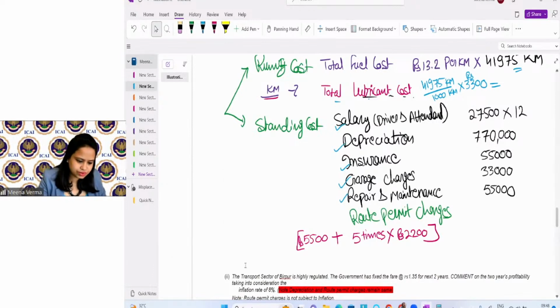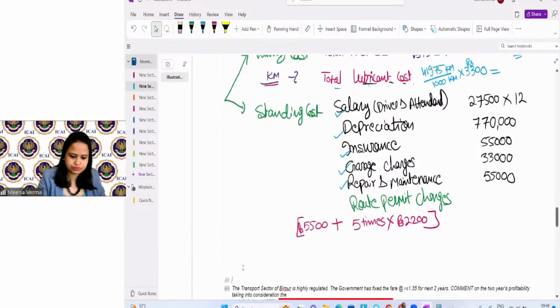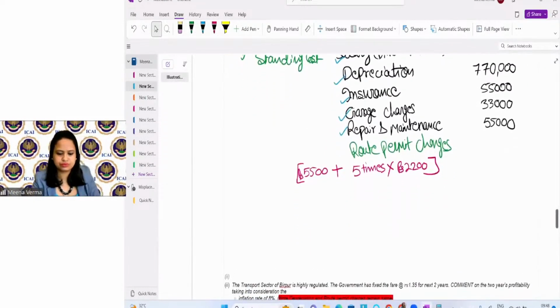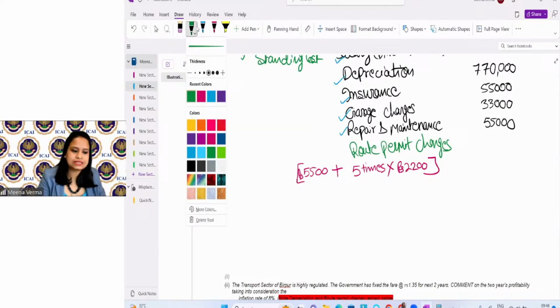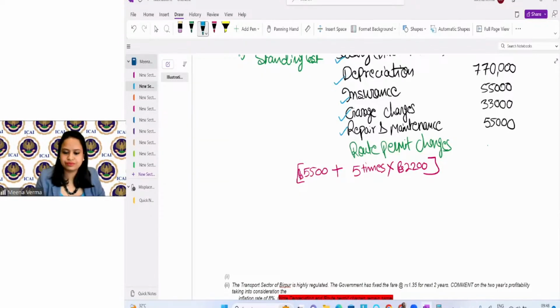Just solve it. 2,200 into 5 gives you 11,000, plus 5,500 gives you 16,500. The route permit charges is 16,500.